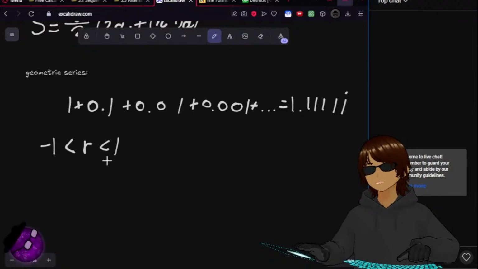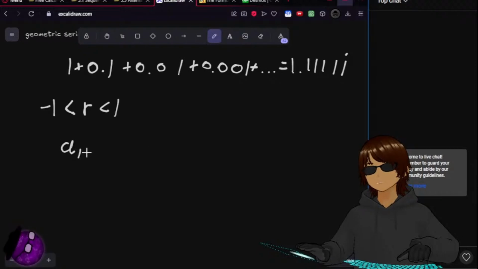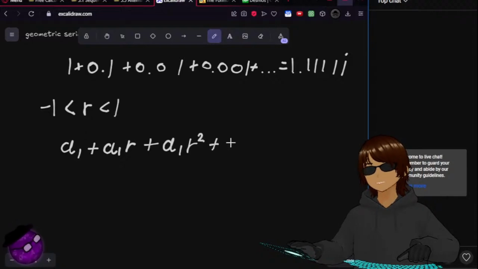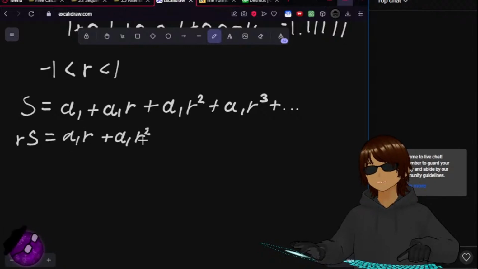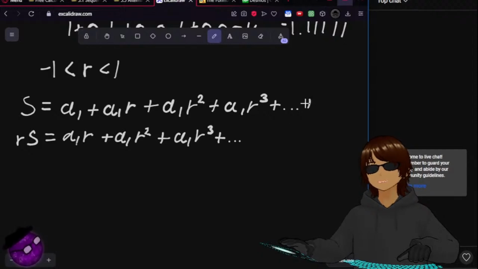-1 and 1. So a1 plus a1 r plus a1 r squared. If r is between -1 and 1, then each term would be smaller than the previous one. This goes to infinity and we get S. And then if we have rS, then it's a1 r plus a1 r squared plus r cubed, and so on. Well, let's assume the series is finite.